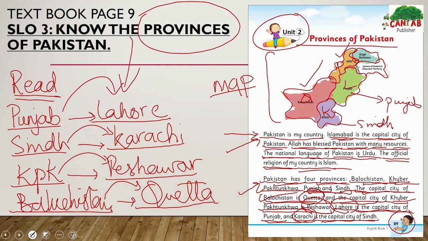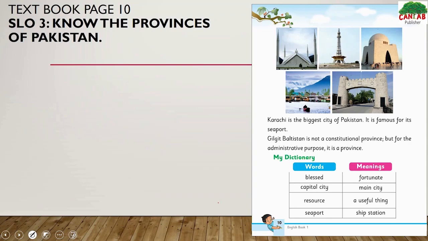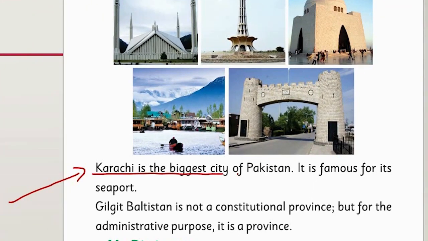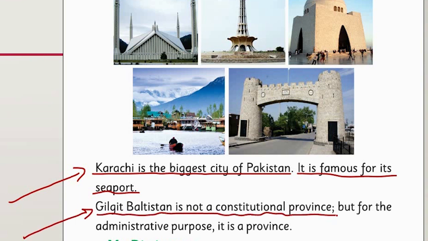Please turn to the next page, page number 10. The reading continues. Karachi is the biggest city of Pakistan. It is famous for its seaport. Gilgit-Baltistan is not a constitutional province, but for administrative purposes, it is a province.